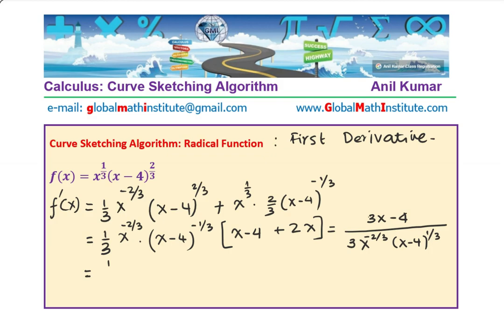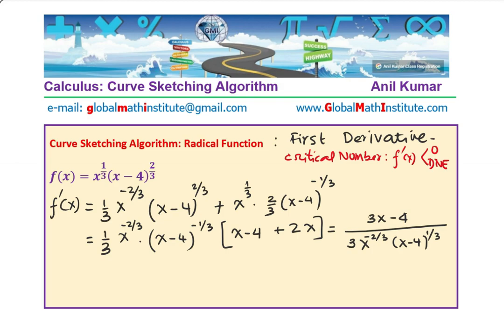So what are the critical numbers? Critical numbers are numbers where the first derivative is going to be 0 or does not exist. So we're finding the critical number where the first derivative either is 0 or does not exist.